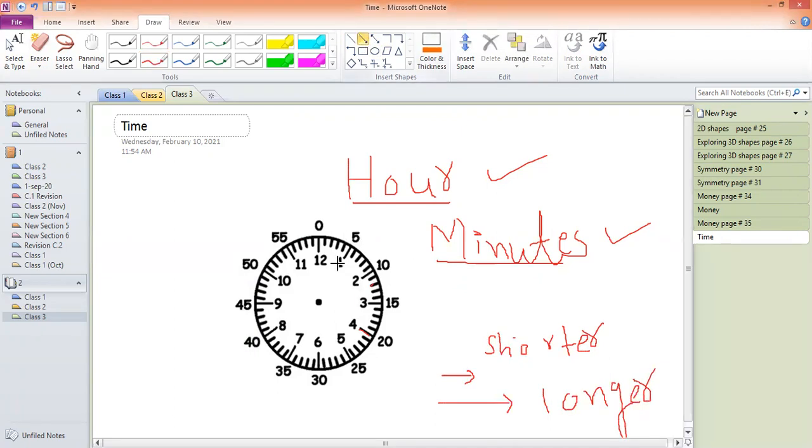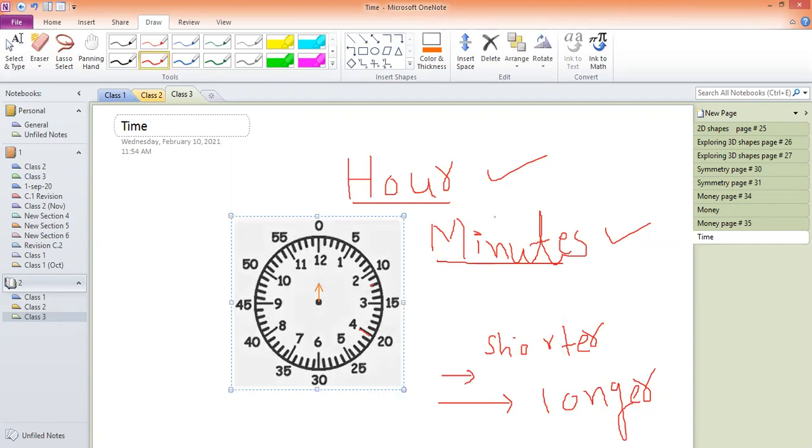So I'm going to draw a short hand and a long hand also. This is a short hand. Let's suppose it is on 3.